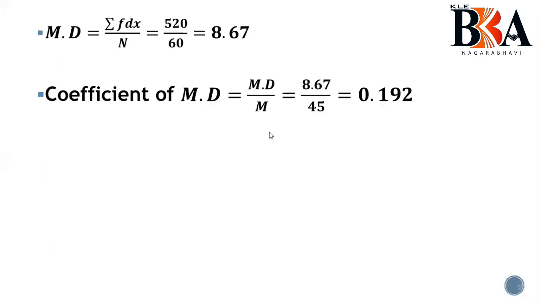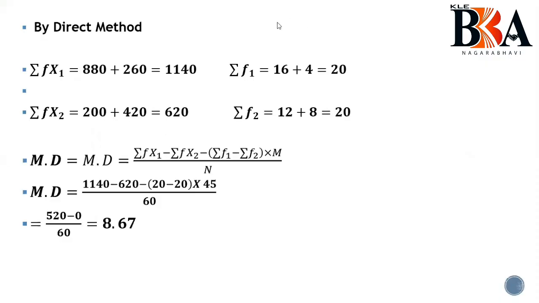Now when you get this, fine, now you have to go for the execution. For this execution, see clearly here. So for fx1 I have got 880 plus 260, add those up, you'll get 1140. fx2 I have already mentioned to you, that is 200 plus 420, that is 620 will become the answer. Summation of f1 will become 16 plus 4, that is 20. 12 plus 8 becomes 20.